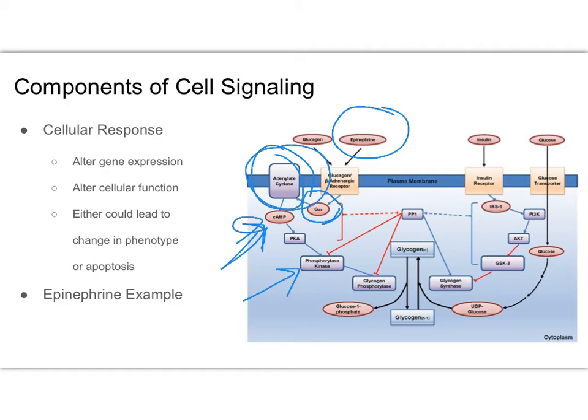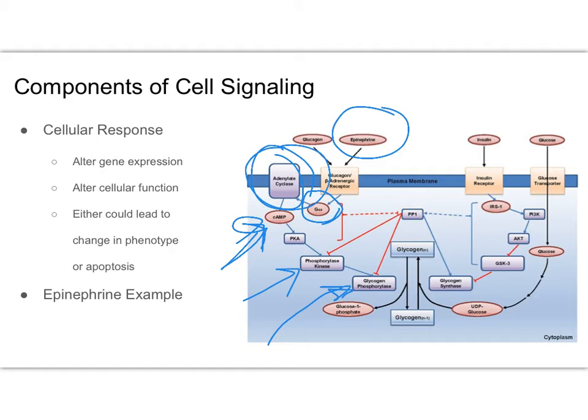I'm amplifying my signal. I could be activating multiple protein kinases here so that I can spread the word faster and stronger. But I've got that cascade happening, that signaling pathway happening. And at the end of that pathway, I finally get my response here. The final product at the end of that pathway is this enzyme, glycogen phosphorylase.